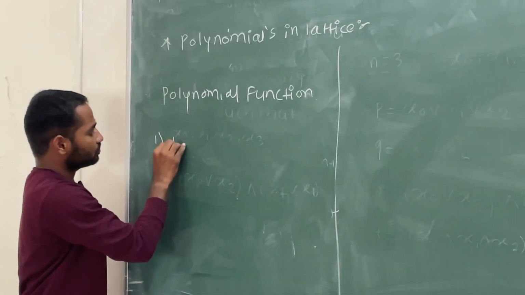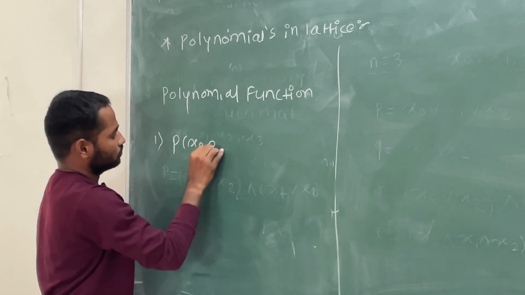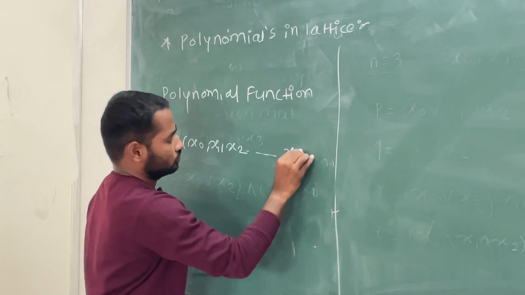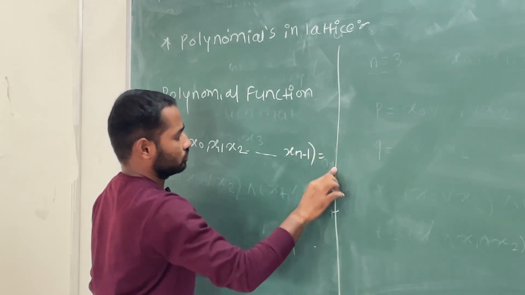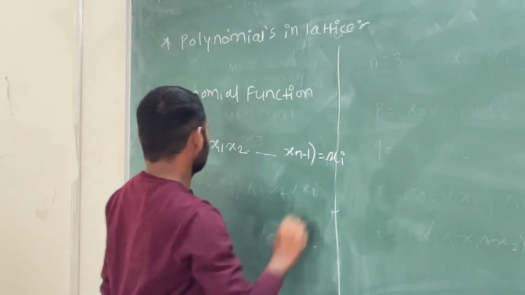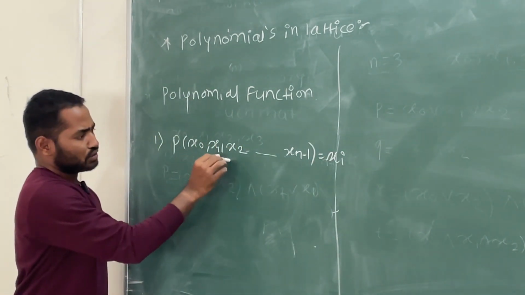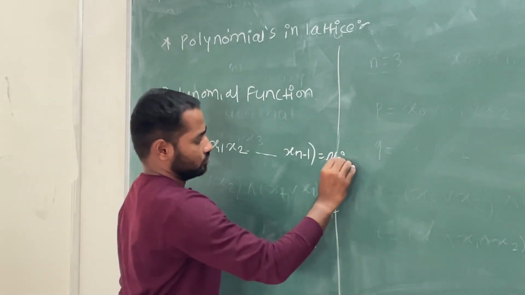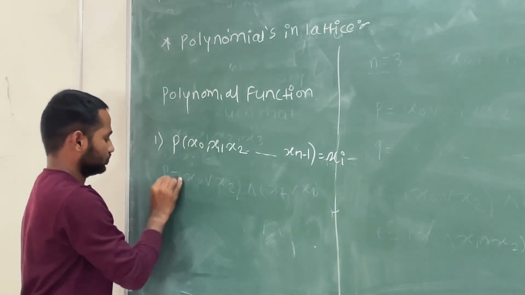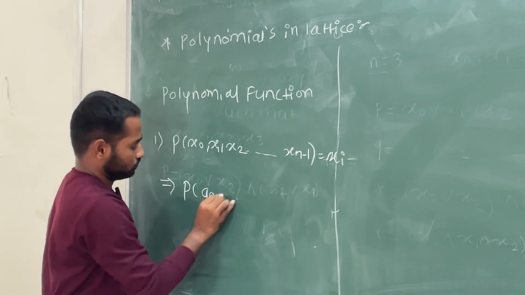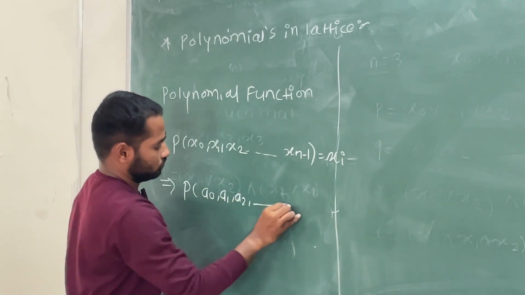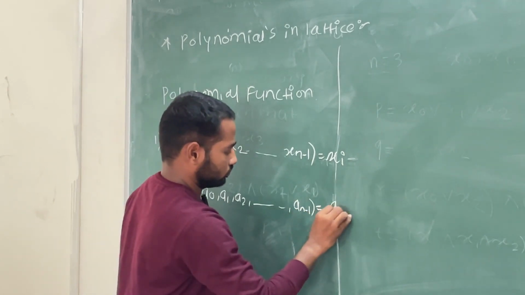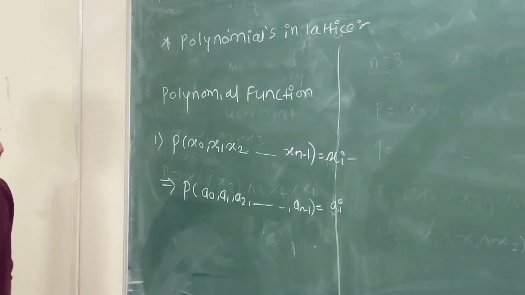First one, here x0, x1, x2, this is an n-ary polynomial. This is our first property.